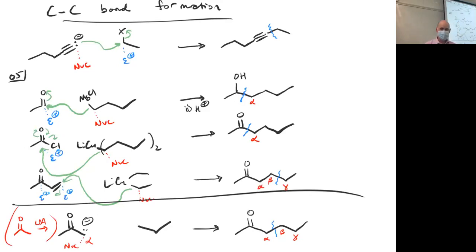And how could this carbon be electrophilic right here? What do we need to have attached? Yeah, leaving group. So it doesn't really matter what the leaving group is, usually some halogen. But your nucleophile attacks your electrophile and kicks off your leaving group.